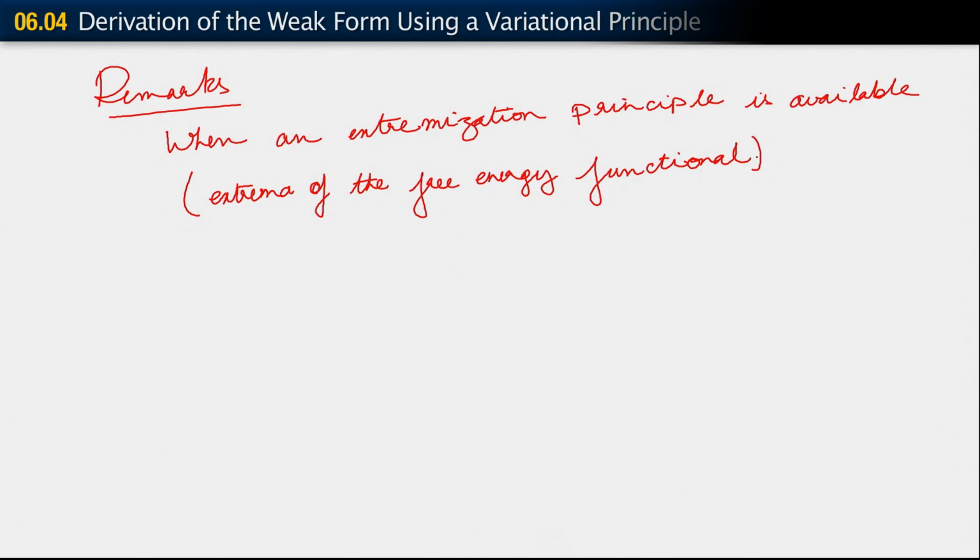So, when an extremization principle is available, the weak form can be obtained using variational calculus.